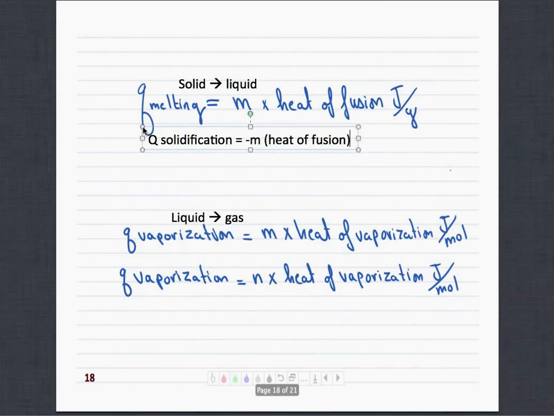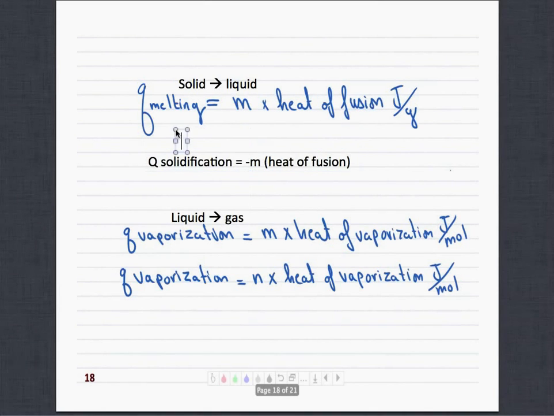Now, if I have a liquid and I want to change it to gas, first it must be at its boiling point. The energy that I need to take it from liquid to gas is Q vaporization, M times the delta heat of vaporization, in joule per gram.